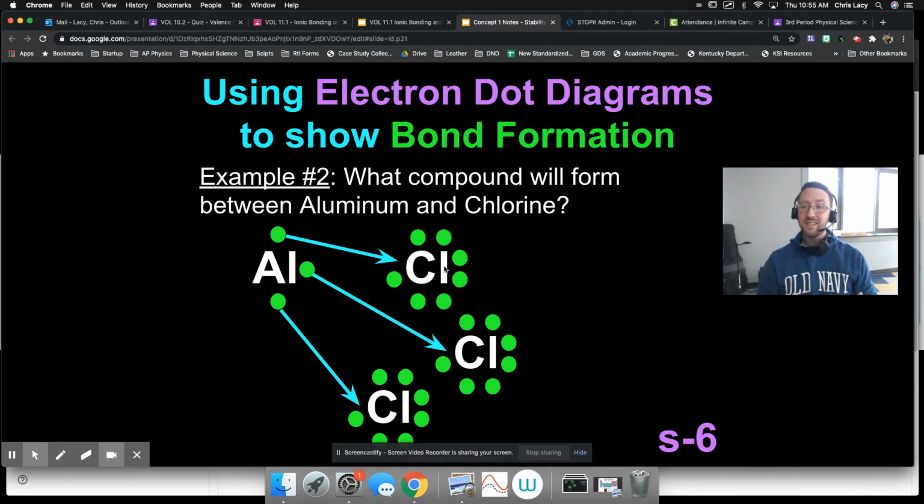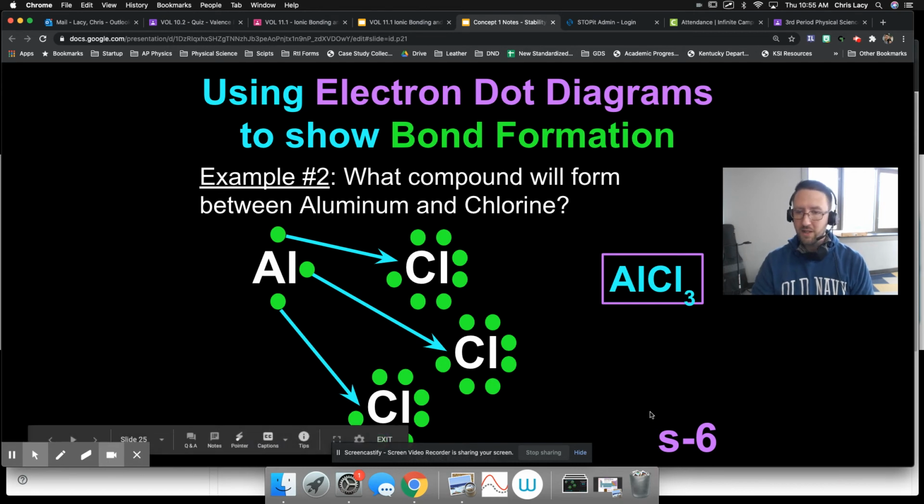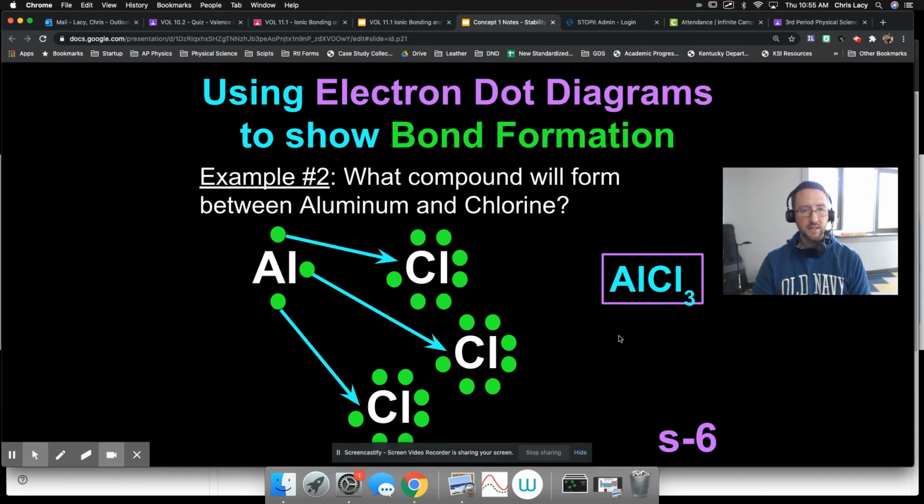It's like you're writing a chemical formula's recipe. It's 1 part aluminum, 3 parts chlorine to make aluminum trichloride. All right, so AlCl3. There will be a bunch of subscripts on Monday's card sort, and you'll have to drag that subscript of 3 up there onto the Cl to show what the formula is.